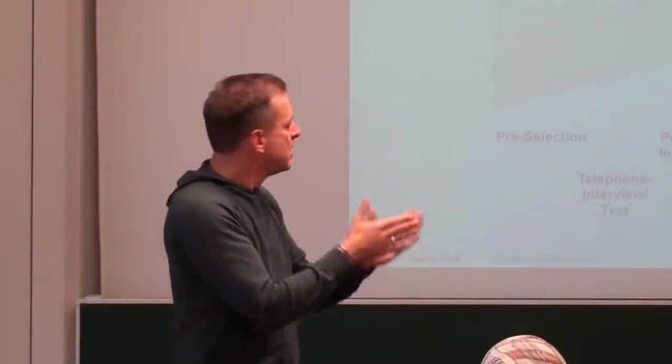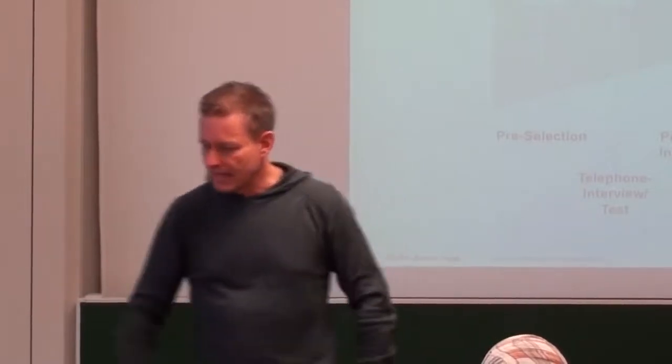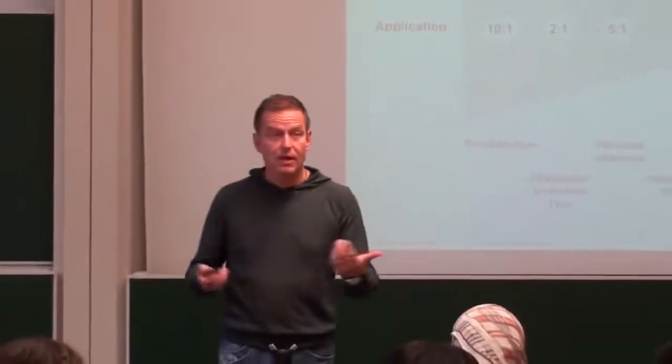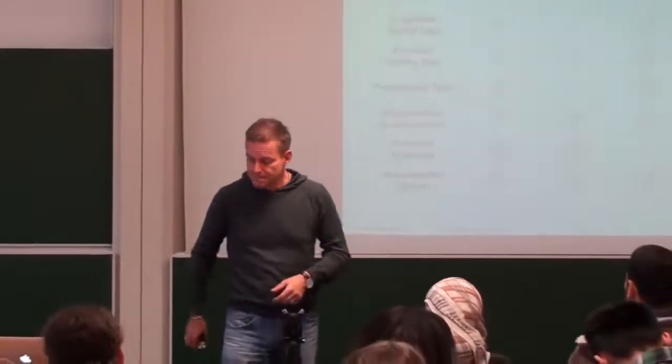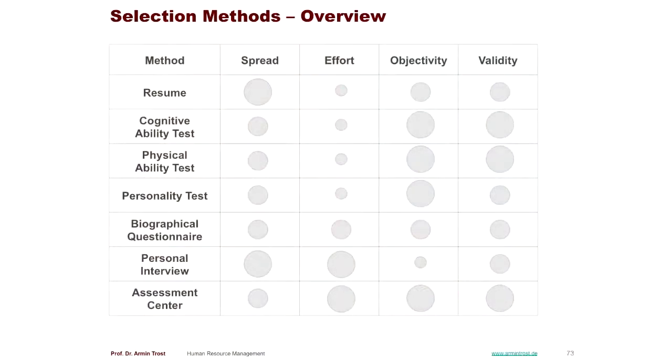Okay. So now let's have a look at certain criteria. I have prepared a table on 2 slides where I show you an overview of different selection methods. This is a table which you should not learn by heart.